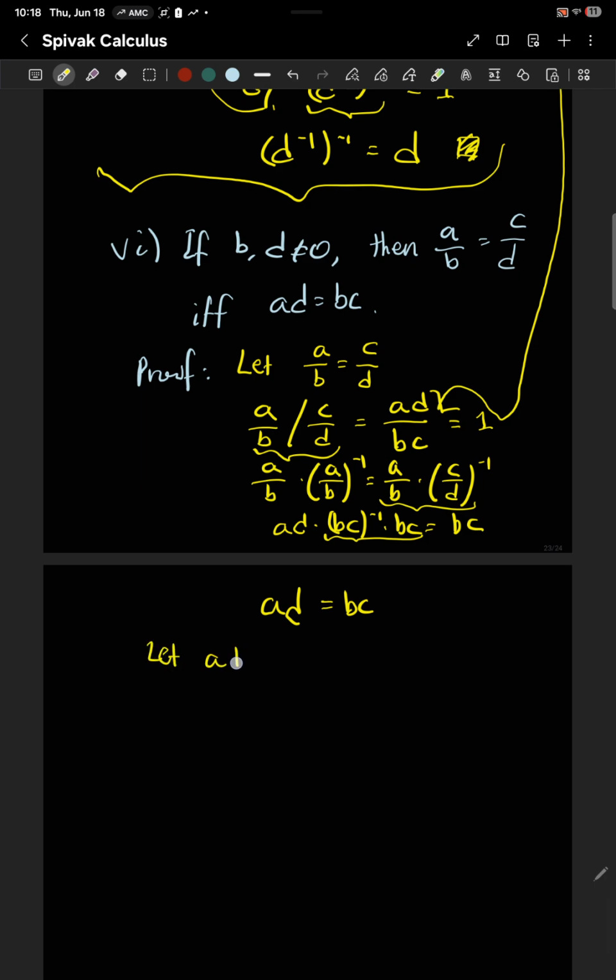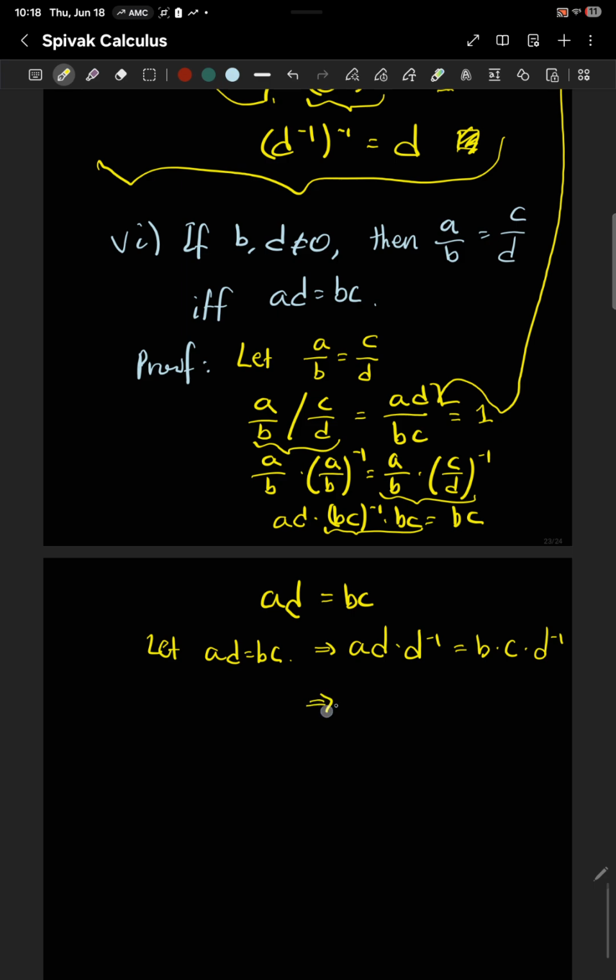Let AD be equal to BC. Then AD times the inverse of BC gives us A is equal to B, C, D inverse.